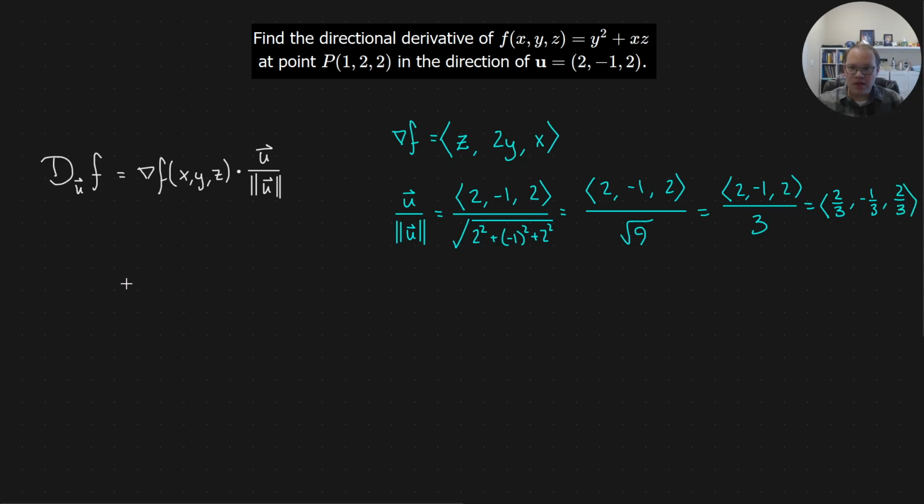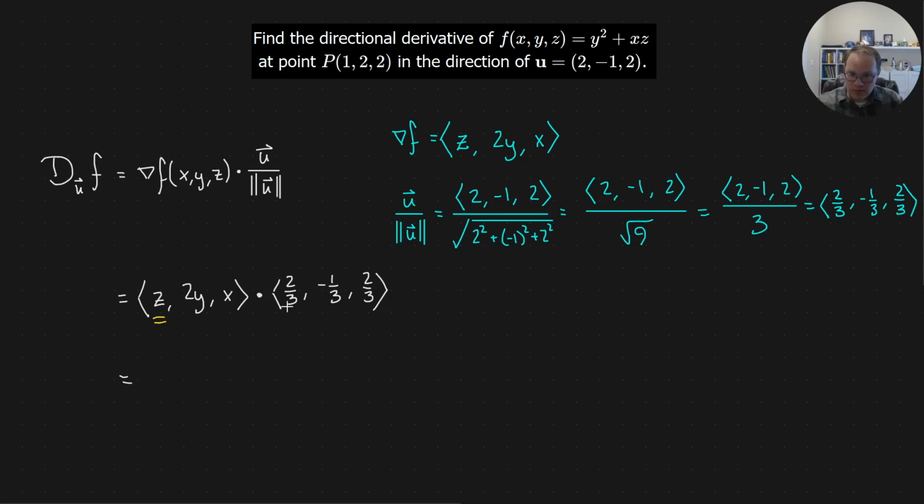Okay, so let's plug those in. Gradient function right here, I get z, 2y, x. I'm going to take the dot product of that with the unit vector pointing in the direction of vector u, and that's 2/3, negative 1/3, 2/3. I'm going to multiply corresponding components and add them all together.